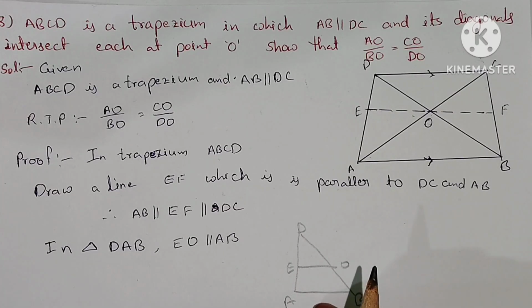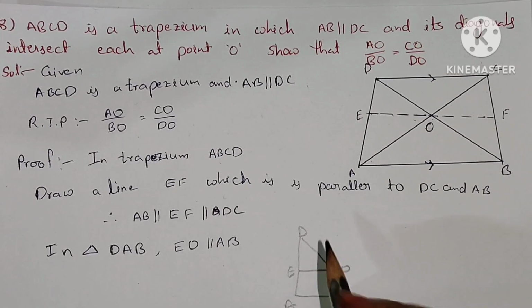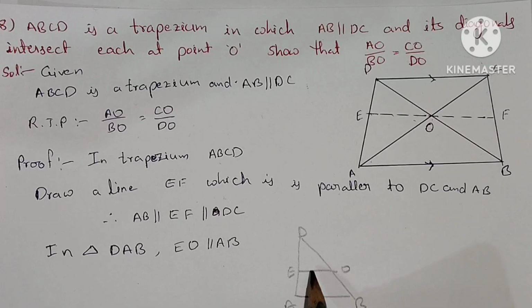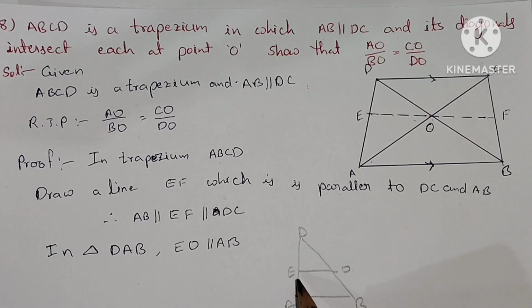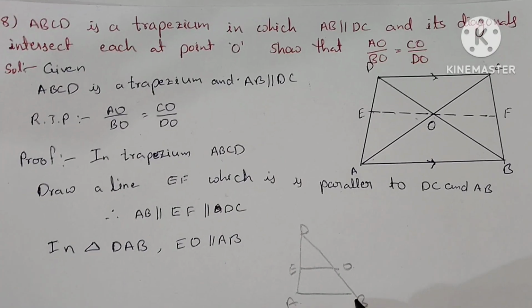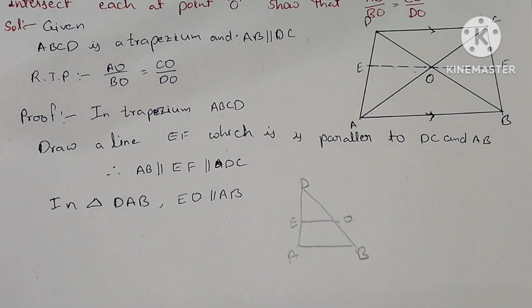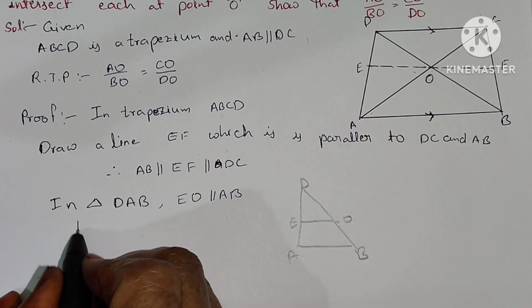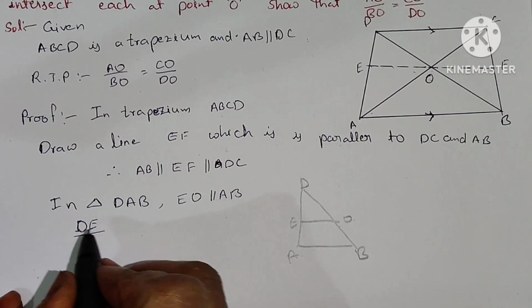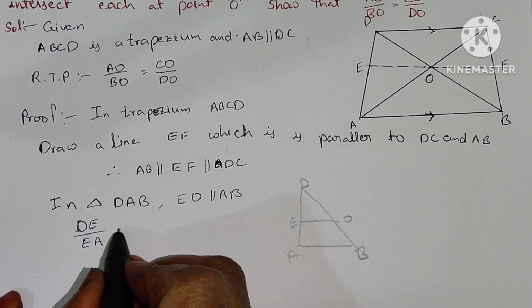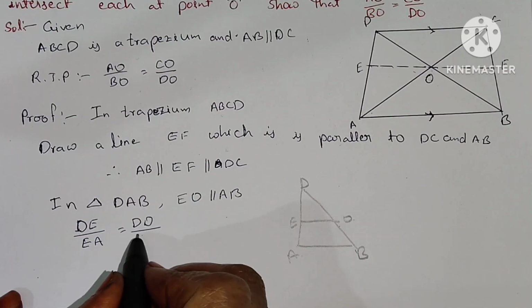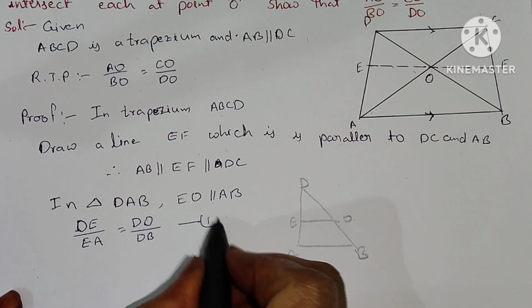Here we use the basic proportionality theorem. EO and AB are parallel, means DE by EA equal to DO by OB. So this is the equation 1.